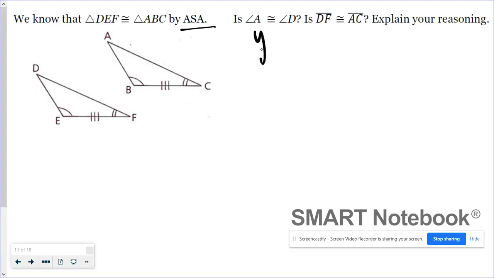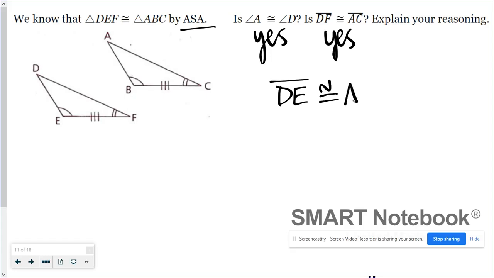So yes, angle A would be congruent to angle D. And yes, DF would be congruent to AC. And we could also say that DE is congruent to AB. Because if two triangles are congruent, then all six pairs of corresponding parts are congruent.